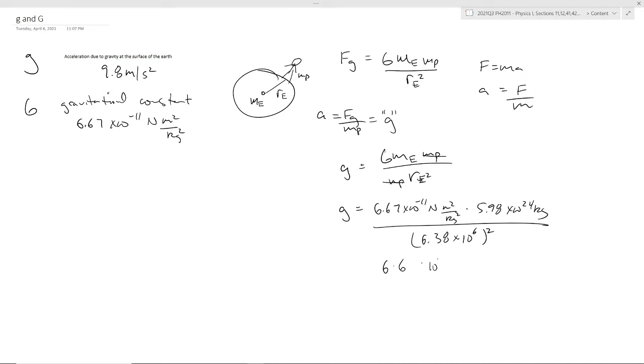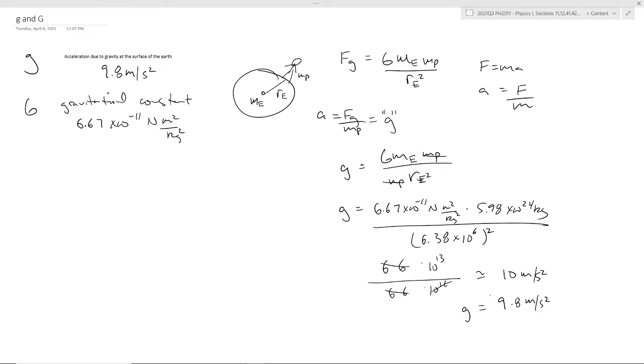So this would be times 10 to the 13 divided by basically 6 times 6 times 10 to the 12. So you can see this is basically going to all cancel out, and you're left with something that's approximately 10 meters per second squared. And if we were to do this more carefully, we would get back the number that we know and love, 9.8 meters per second squared. So this is how you get little g out of big G.